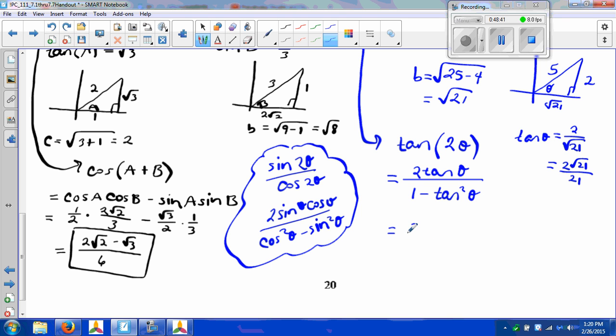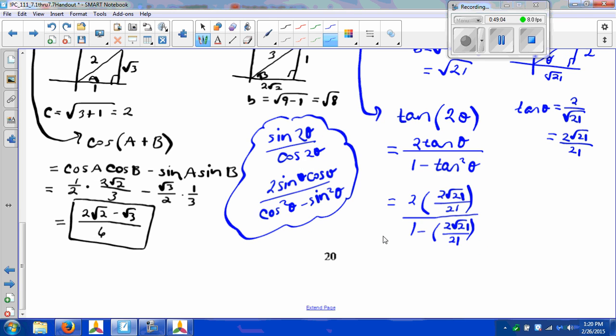Then 2 times 2 root 21 over 21, over 1 minus 2 root 21 over 21. Sometimes it's not best to rationalize first. It's just best to stick it in there first. This one, I don't think it matters. Six of one, half a dozen of the other.